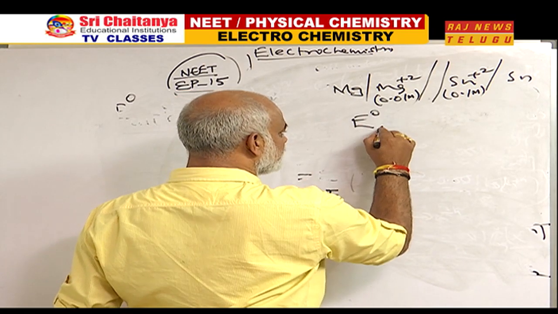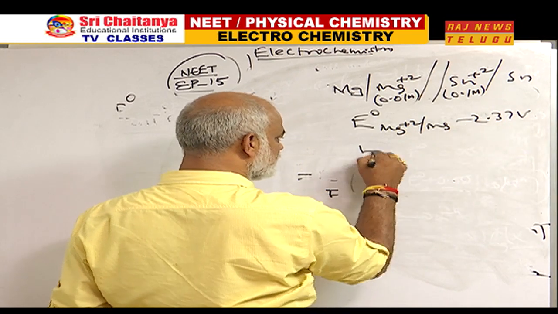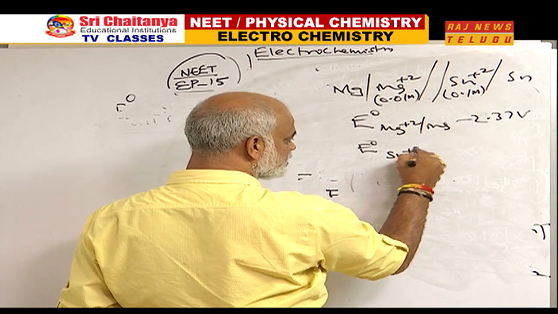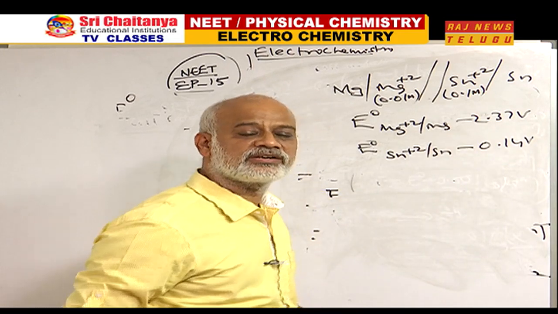E naught Mg plus 2 Mg is minus 2.37, E naught Sn plus 2 Sn is minus 0.14, given to you.